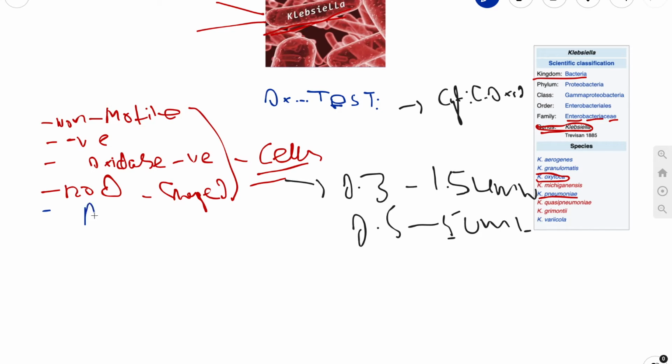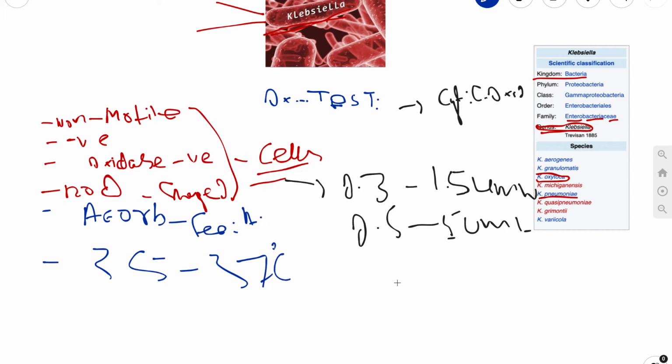I don't think I need to explain that, so you might understand it. The ideal growth temperature is between 35 and 37 Celsius, and the ideal pH for their growth is 7.2.